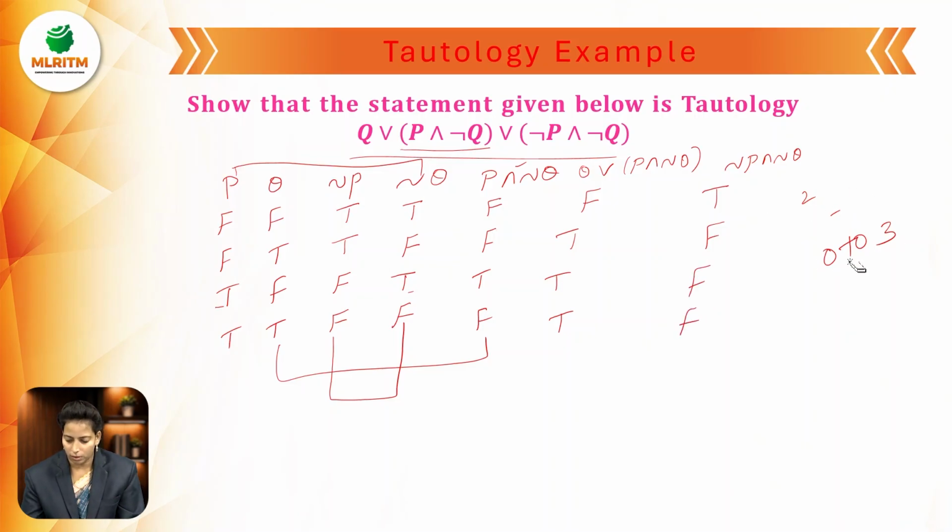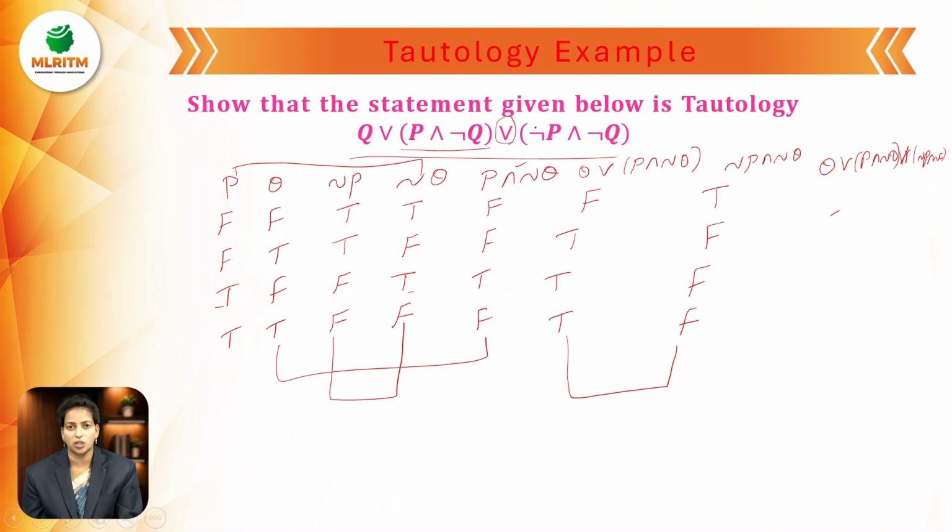Okay. Next, Q or (P and negation Q) or (negation P and negation Q). Apply the disjunction, the OR symbol, in between.